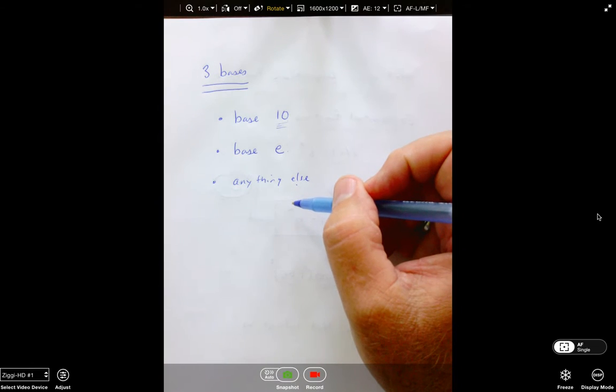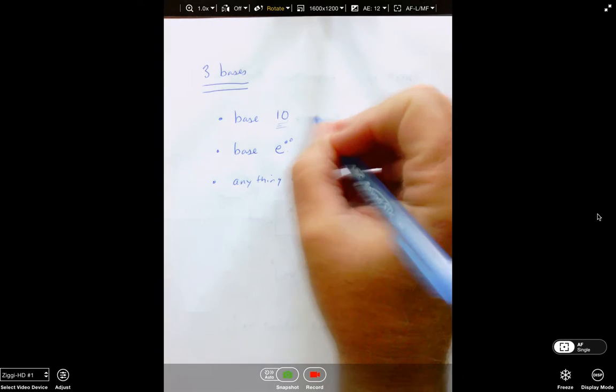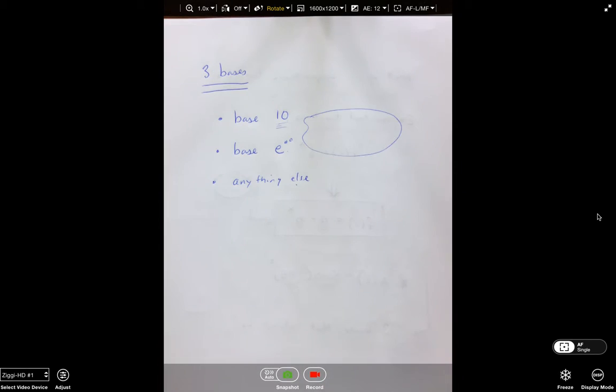7, 2/3, 8, whatever. But what's up with this e? Well, guys, this e is just kind of like pi, 3.14.